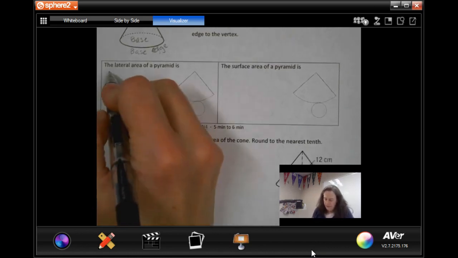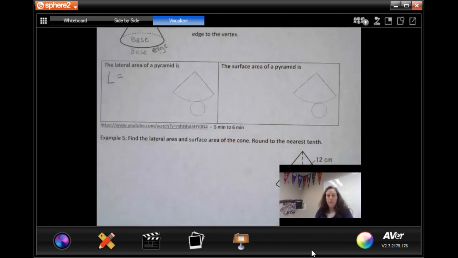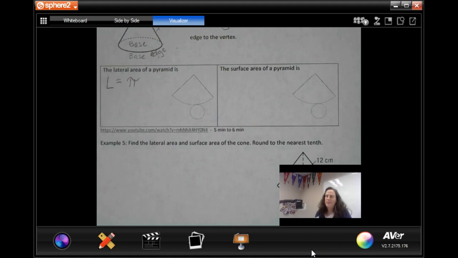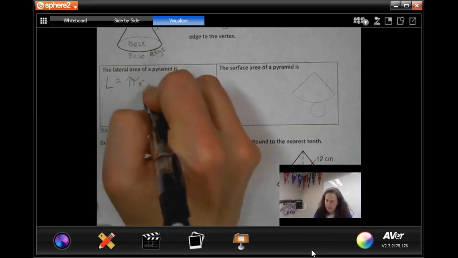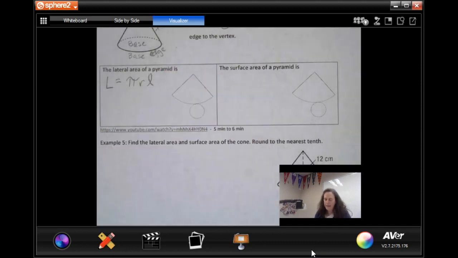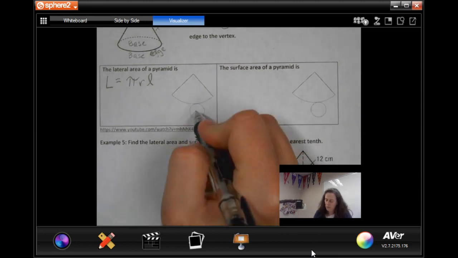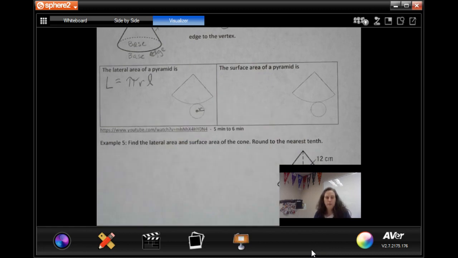Okay, lateral area equals, this is interesting, pi. You know, every time there's round stuff going on, we got to put pi in there. Pi times the radius times, what does that cursive L mean? Yeah, exactly. Okay, so we need to know the radius of the circle.